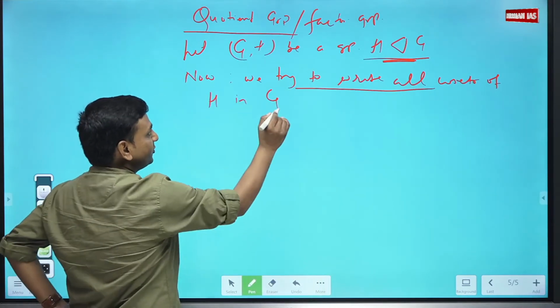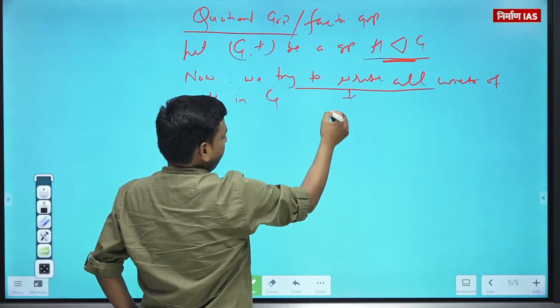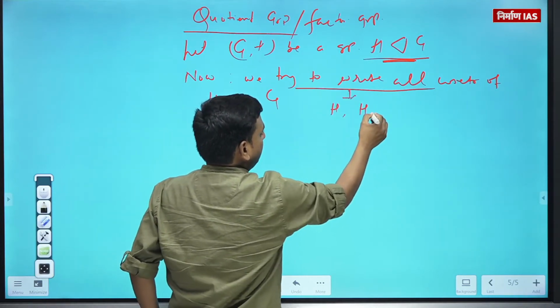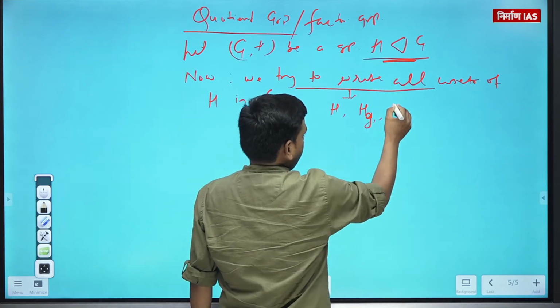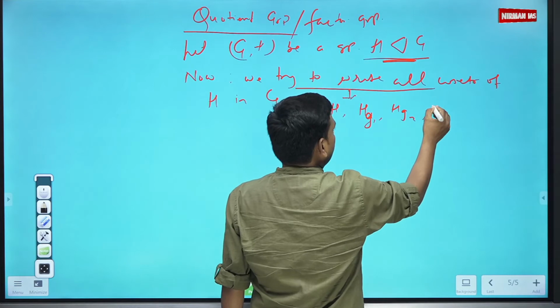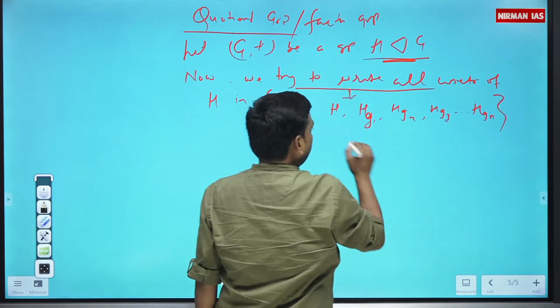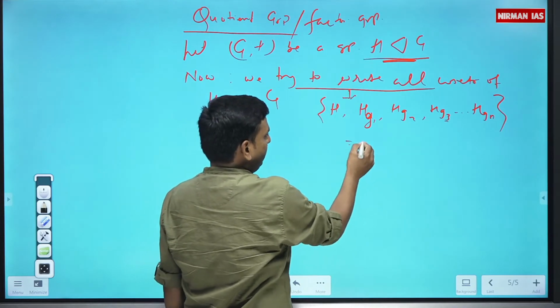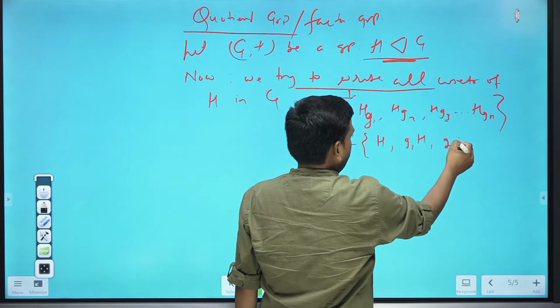Clear? So let's say we have those cosets as H, Hg1, Hg2, Hg3, ..., Hgn. And this set will be nothing but, because H is normal, the same as.